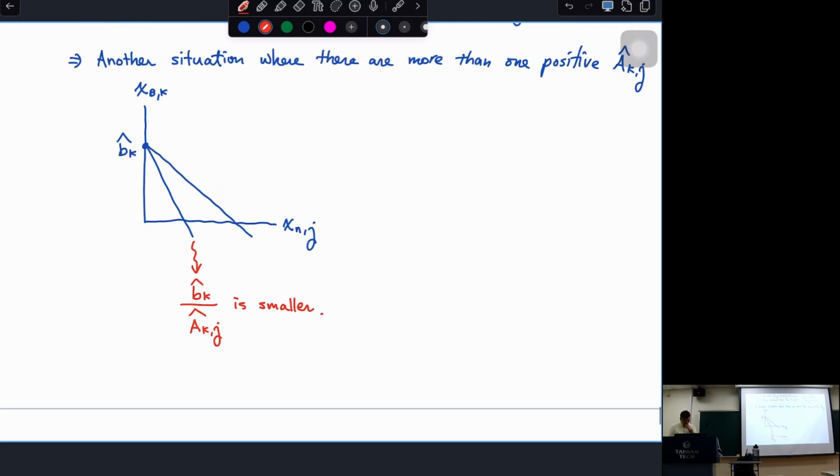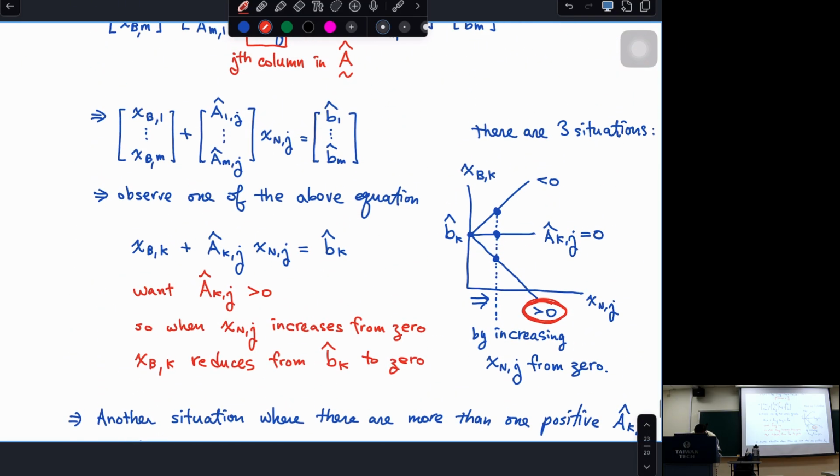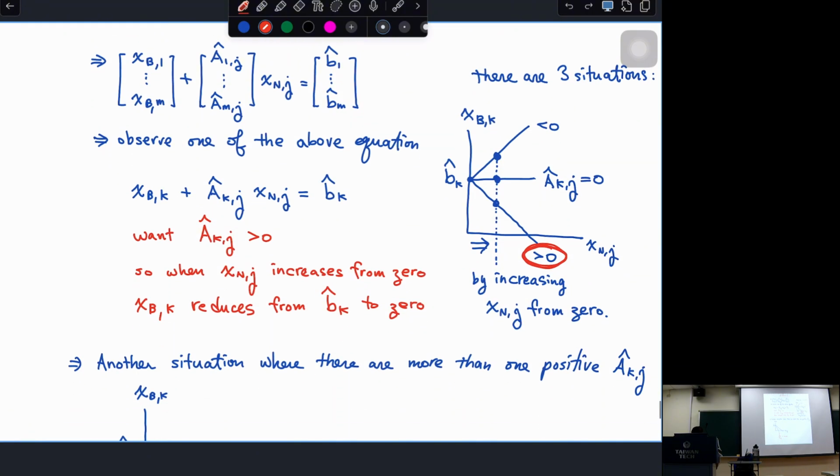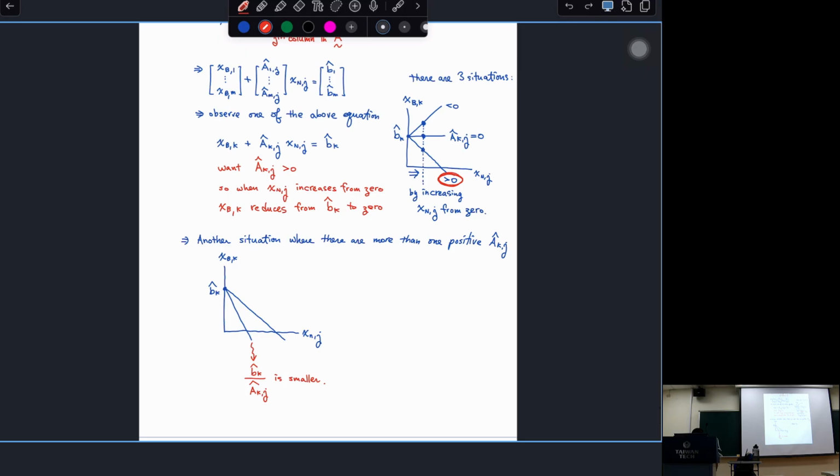So we need to pick up the kth component that is having the smallest positive value. So from here, we need to do the ratio test.